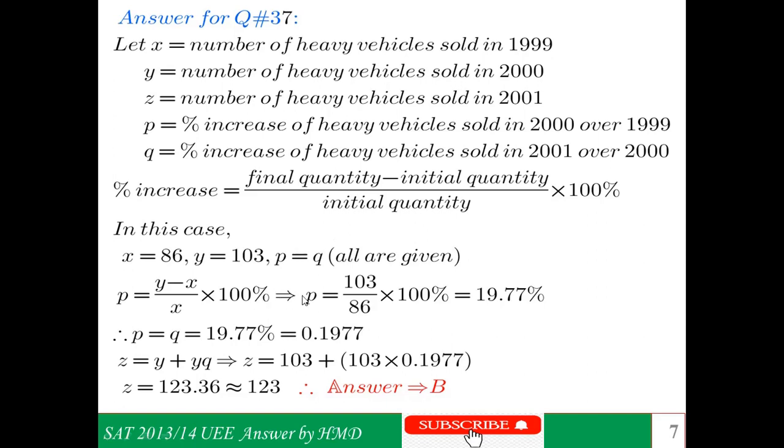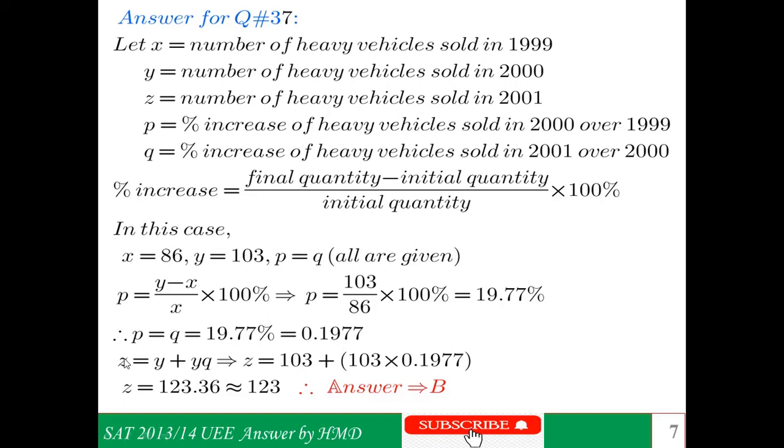So this implies P is equal to (103 minus 86) over 86 times 100%, and it becomes 19.77%. Look at this one. So therefore, P is equal to Q, which is given, and it becomes 19.77%, right? And it is exactly equal to 0.1977 in number. This one is in percentage, and this one is in number.